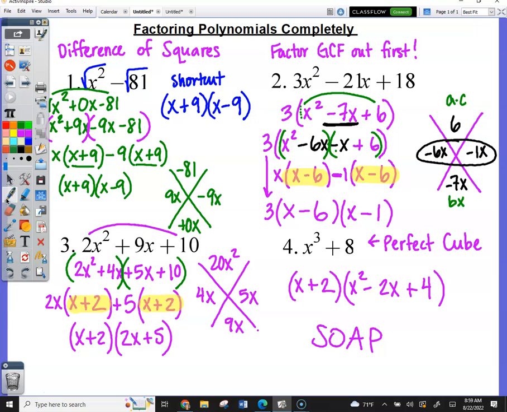Now go to notebook paper. You can put the title in the notes, factoring, and then I will give you some notes on it. So this serves as a couple of notes as well. Now I'm going to give you some actual notes on factoring.